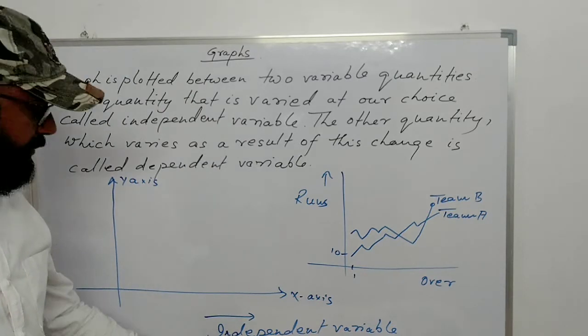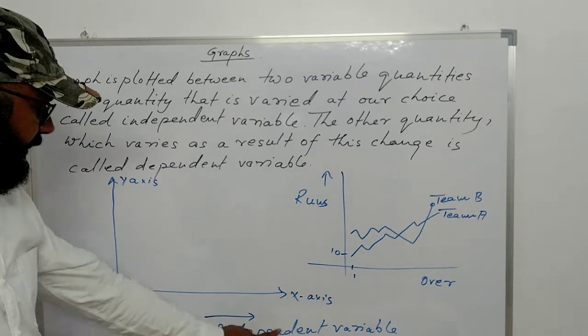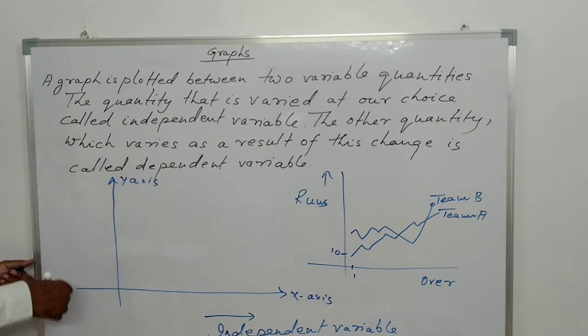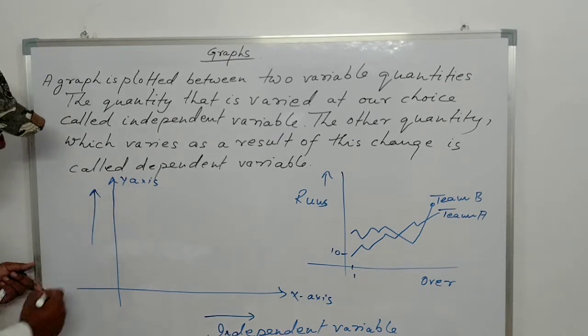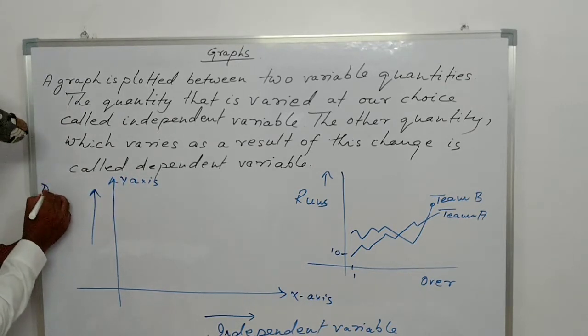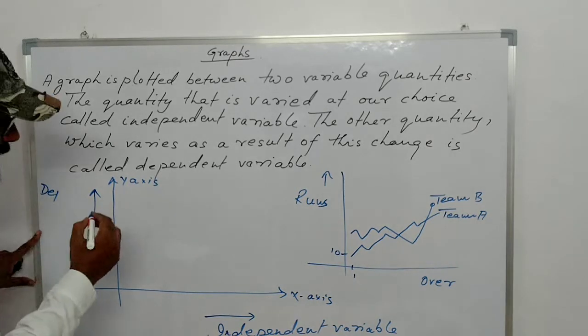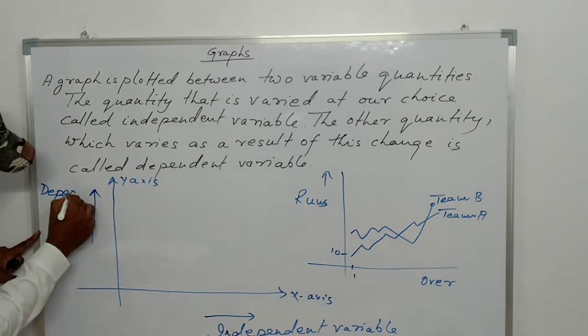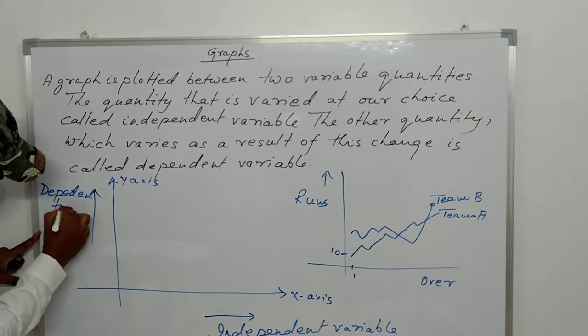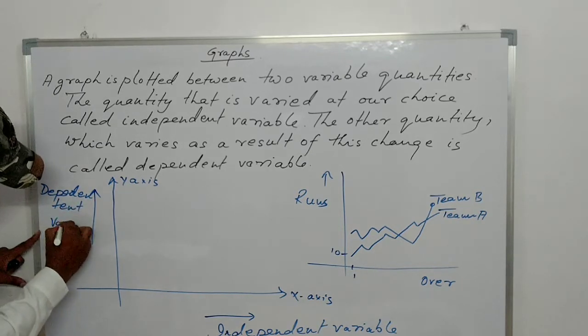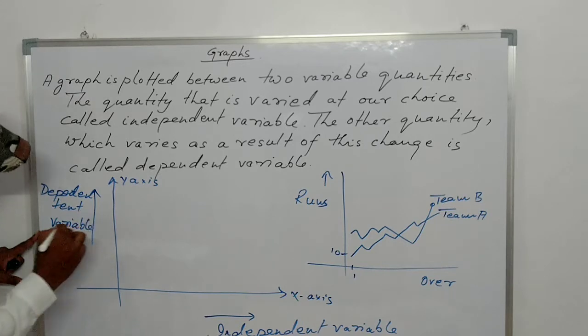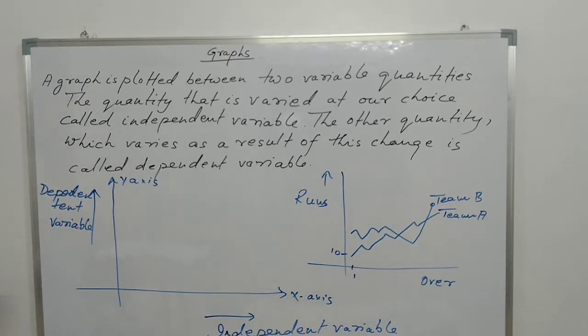I think you are able to see this. This is the independent variable, and on the y-axis we represent the dependent variable. So like this we represent the graphs.